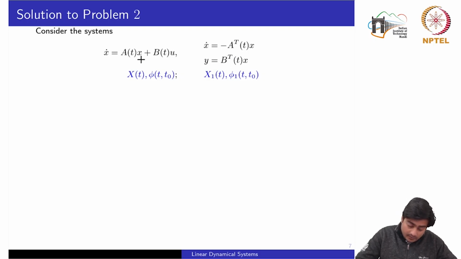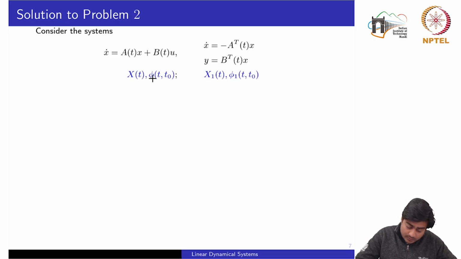We have deliberately written these state space equations in these forms because we will investigate the controllability of this system, and for investigating the controllability we only need the AB pair. For observability we only need the state matrix and the output matrix, so we have not considered any input term here.